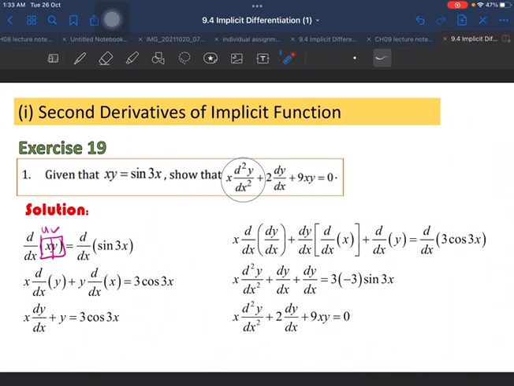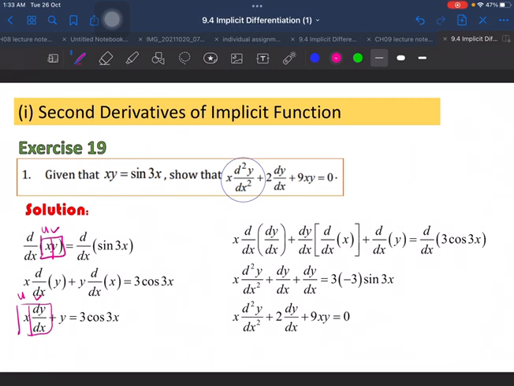And then, class, we take the second derivative for this equation. Jadi yang ini pun kelas sebenarnya, kita perlu menggunakan product rule apabila kita differentiate kali kedua.